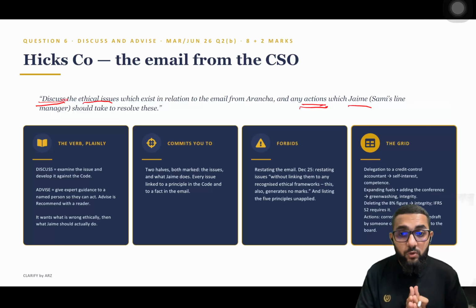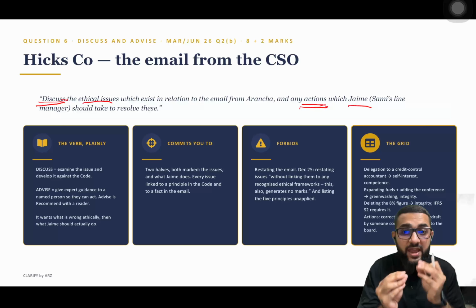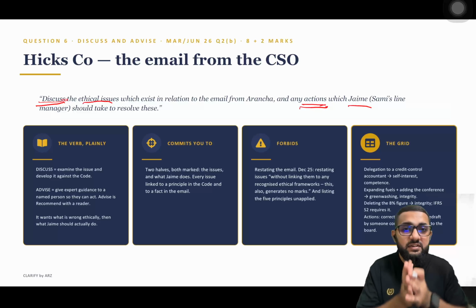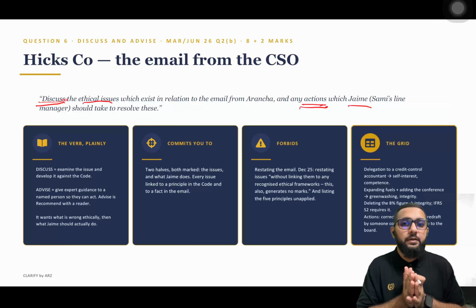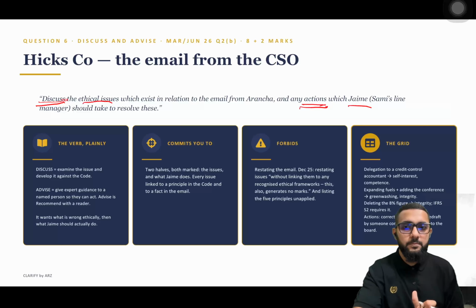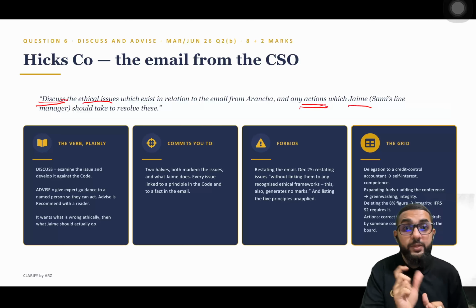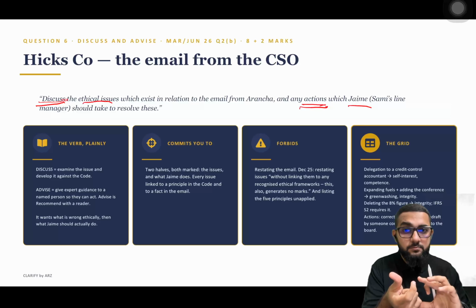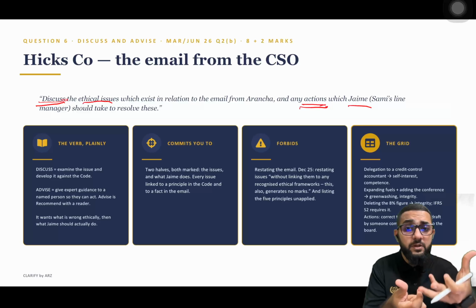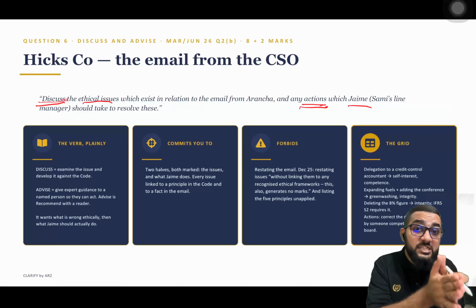Now, this requires you to examine the issue and develop it against the ethical code of conduct. So you have to look at the ethical issues, many problematic areas. The problematic areas, you take that and you discuss from the perspective of what is problematic.